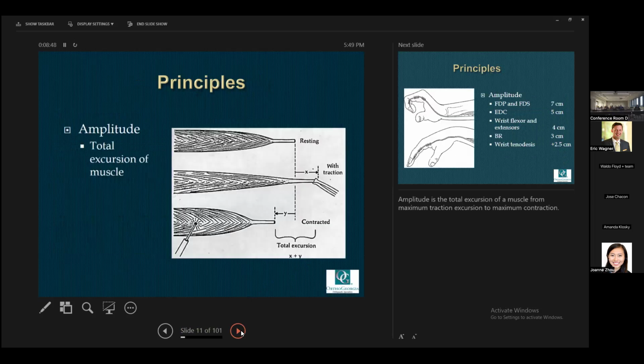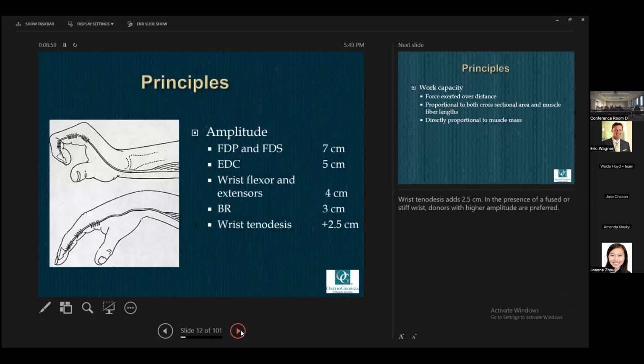So the muscle amplitude is the total excursion at its maximum length with traction plus the length with stimulation. And the amplitude of the tendons is important. The long digital flexors, FDP and FDS, have 7 centimeters of excursion. EDC has 5 centimeters.